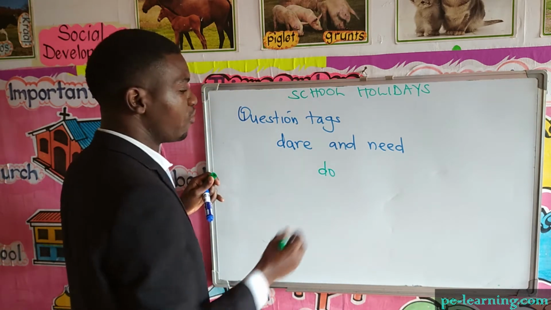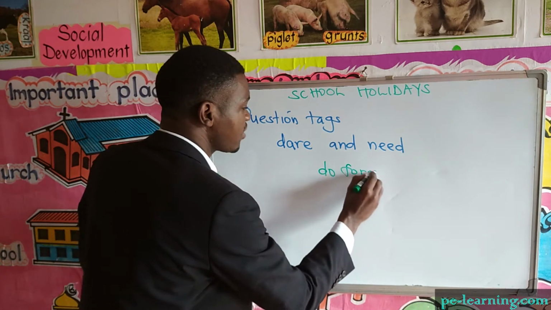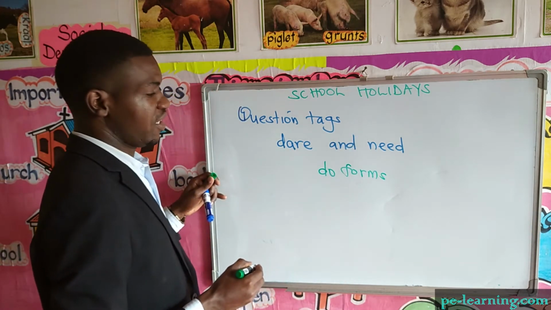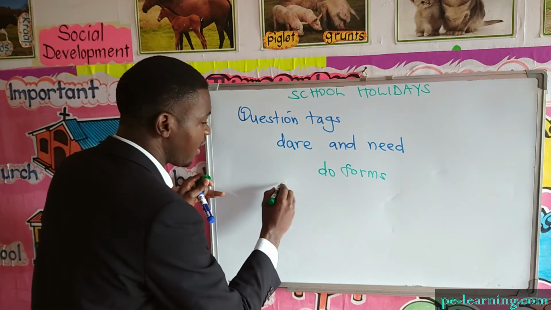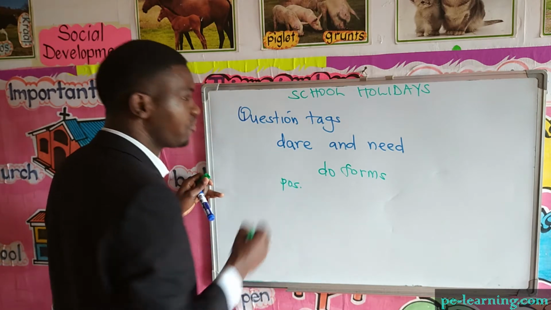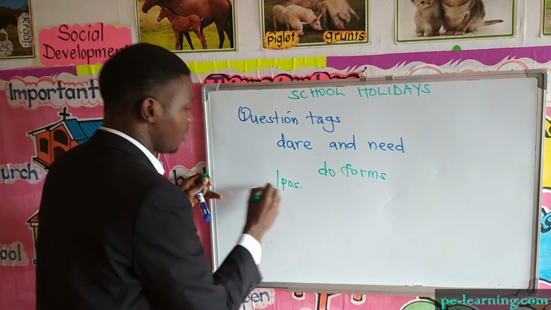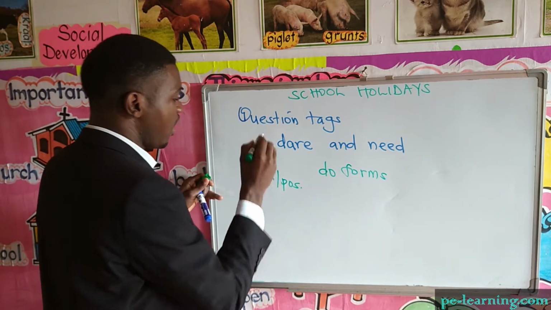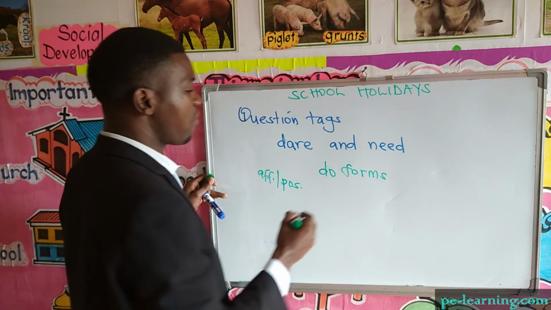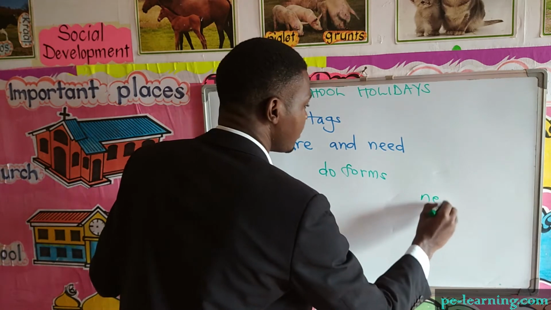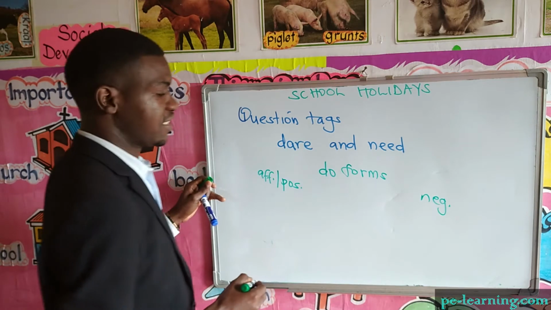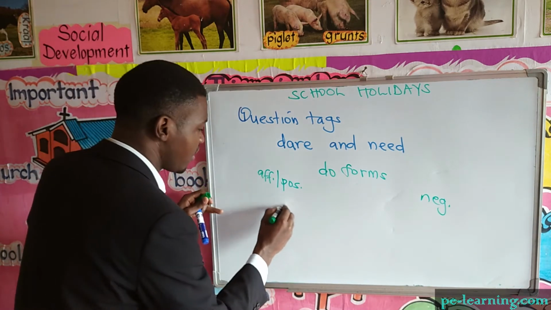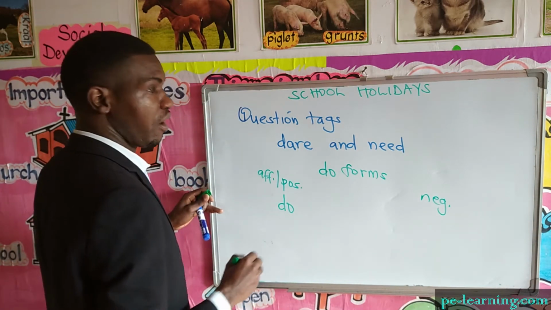The do forms. I should write this. Now we have do forms that are in affirmative or positive, and then we have do forms that are in the negative part. Let's look at them. You have the word do, affirmative.